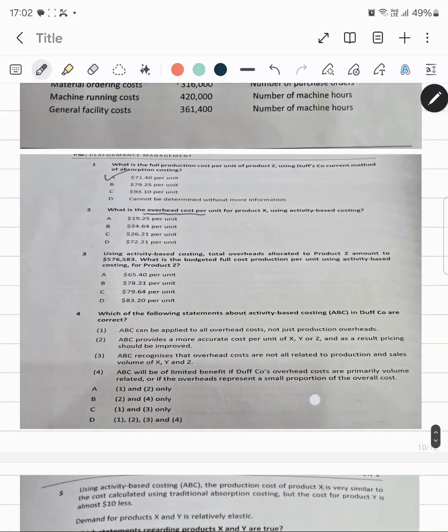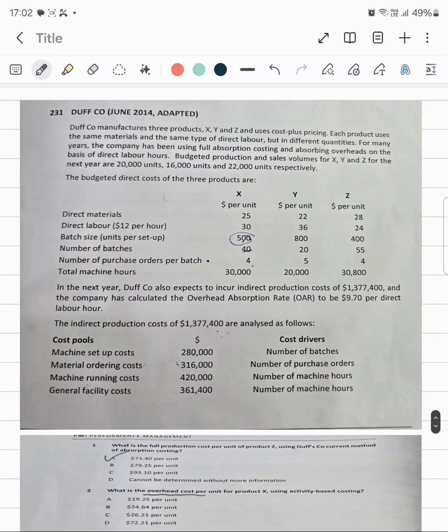Now after machine cost, it says that the next cost pool is material ordering cost.